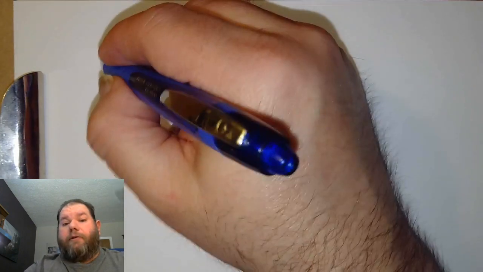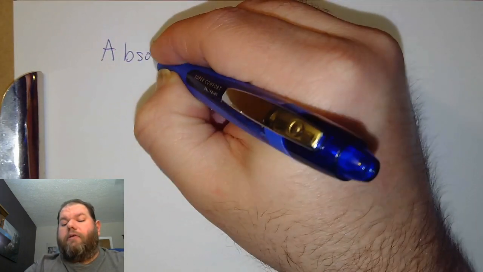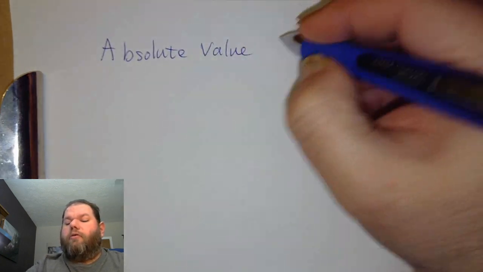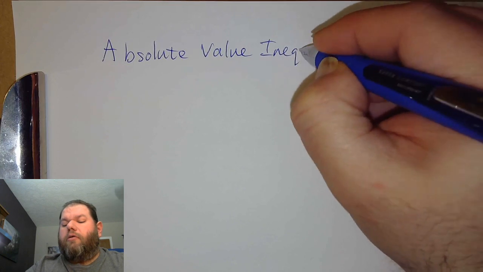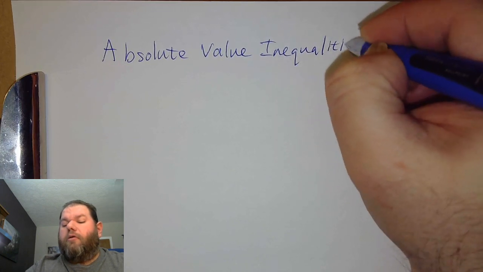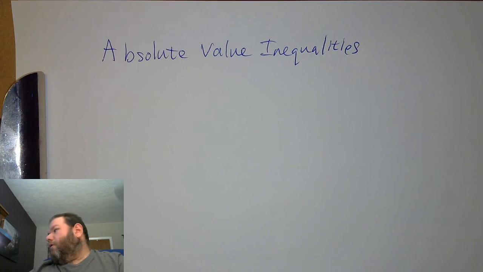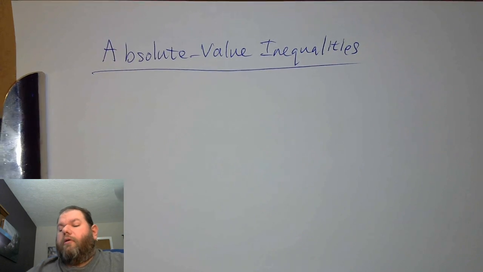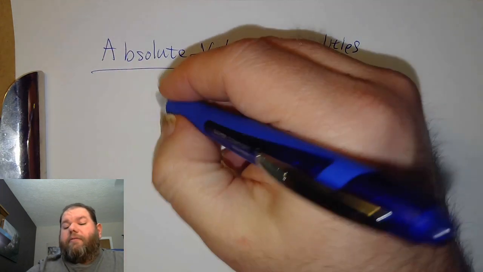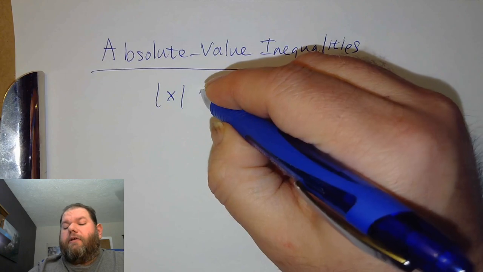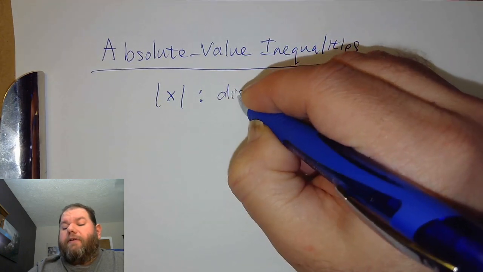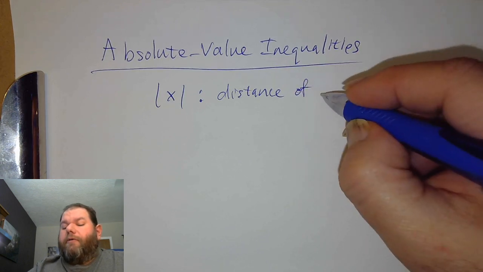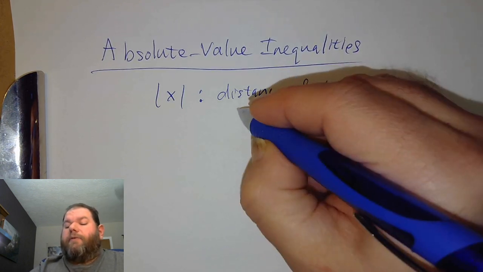Next we have absolute value inequalities. Now, the absolute value of x is the distance of the value x from 0.